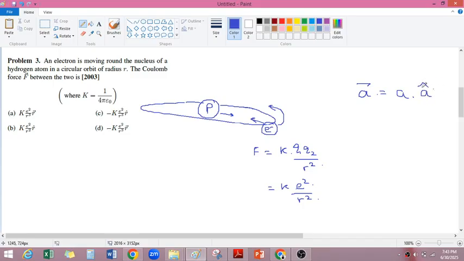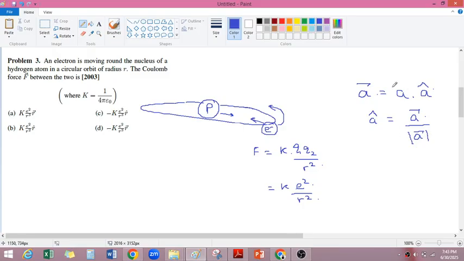This is the vector quantity, this is the magnitude. When you multiply the unit vector with the magnitude, you get the vector. I am sure you remember this. A cap is A vector divided by A magnitude. You must have studied this, right?